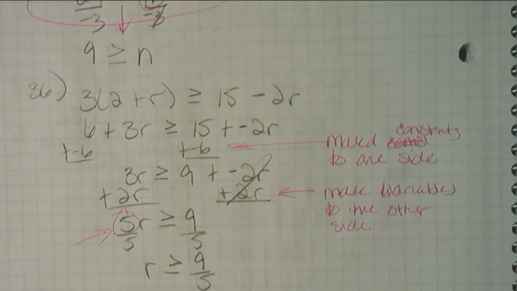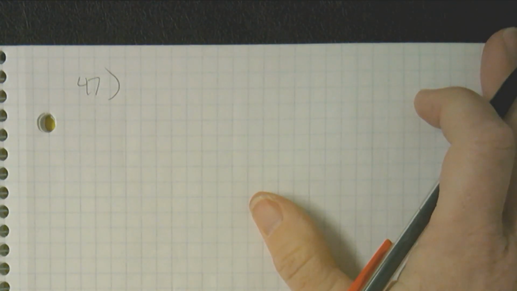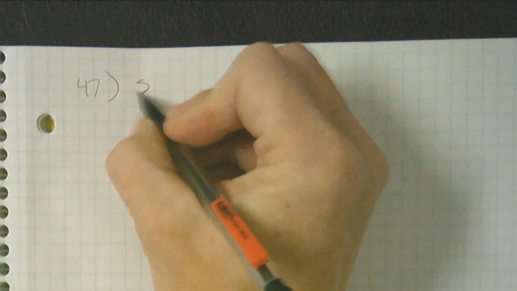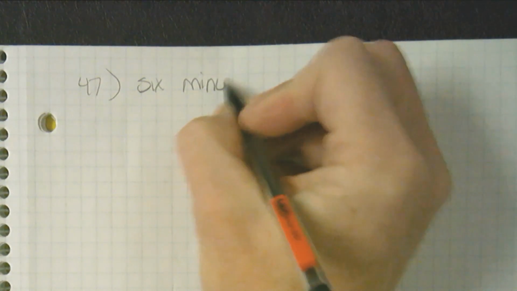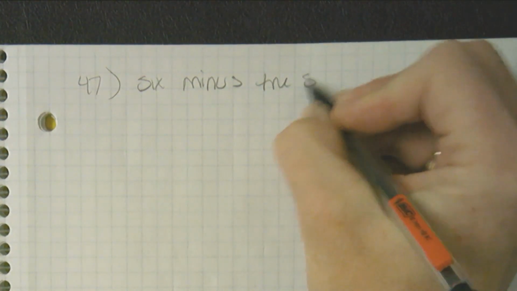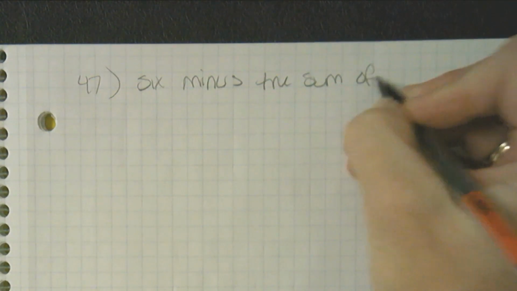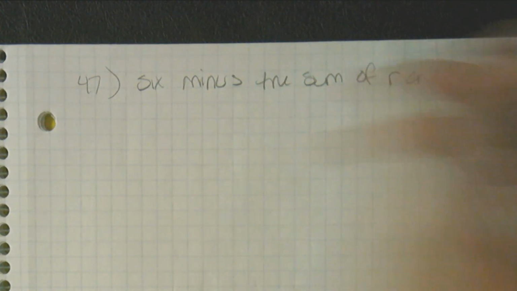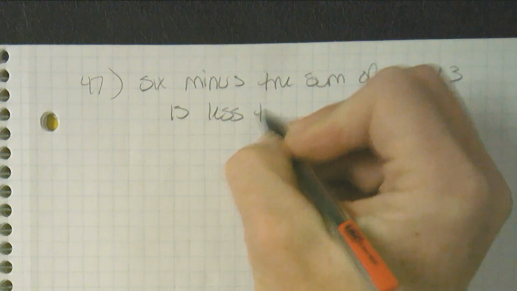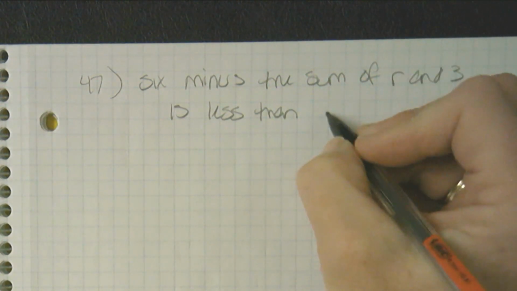Okay. What else can I do for you guys? Peter? 47. All right, so 47 it says the directions are write and solve an inequality from each of the following statements. So our statement says 6 minus the sum of r and 3 is less than 15.